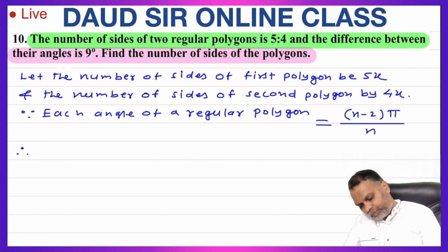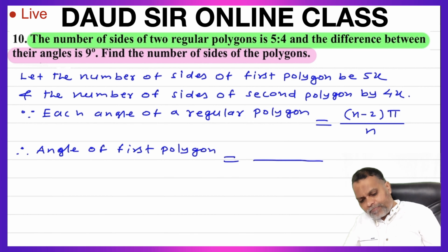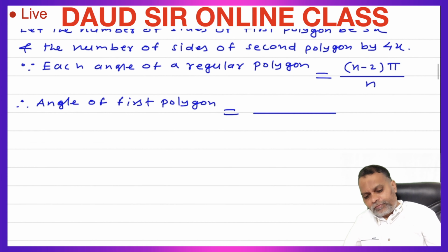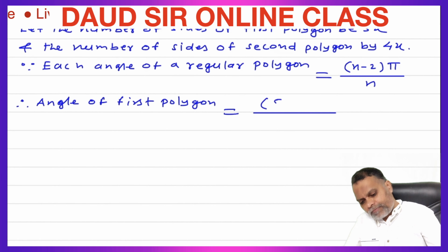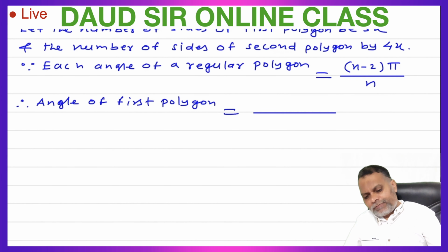Therefore, angle of first polygon is equal to, in first polygon number of sides we considered 5x.